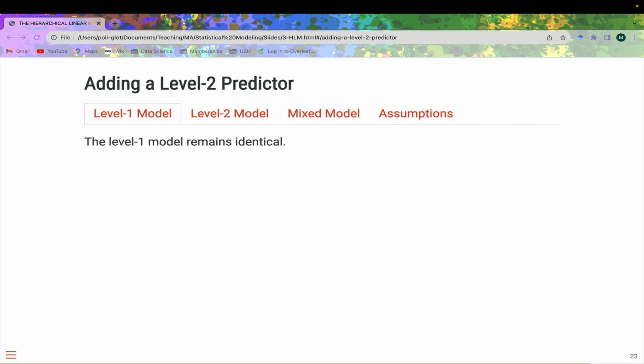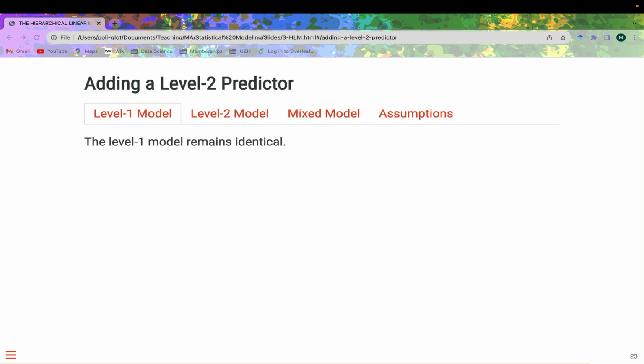It has to be a level 2 predictor because beta 0, beta 1 from the random coefficient model varied in C. They didn't vary in I, they varied in C. So the only thing that can account for those variances is a predictor that also is at the second level, the level where the only index remaining is C.